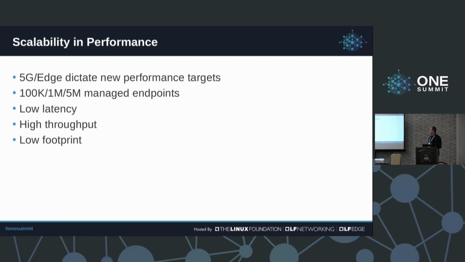Those are targets that we did not envision. We said that maybe we'll have 100K managed devices, so obviously we are looking at 100x that. All of that usually with low latency, high throughput, and also a very low footprint. Things like, I need to run this function on 2 cores, maybe a gig of memory, and that's it. So we need to look at how we scale up as well as scale down.